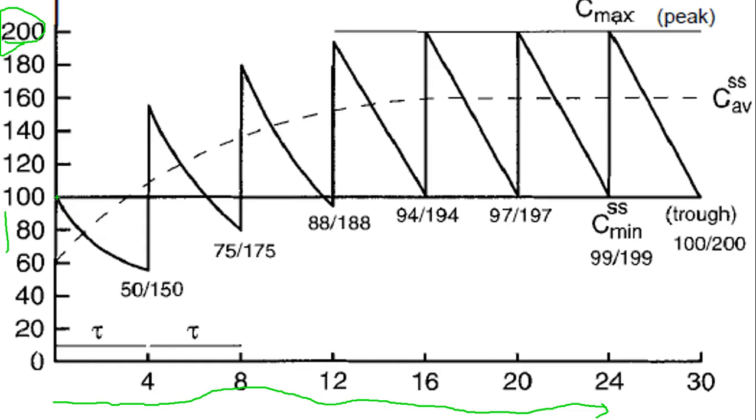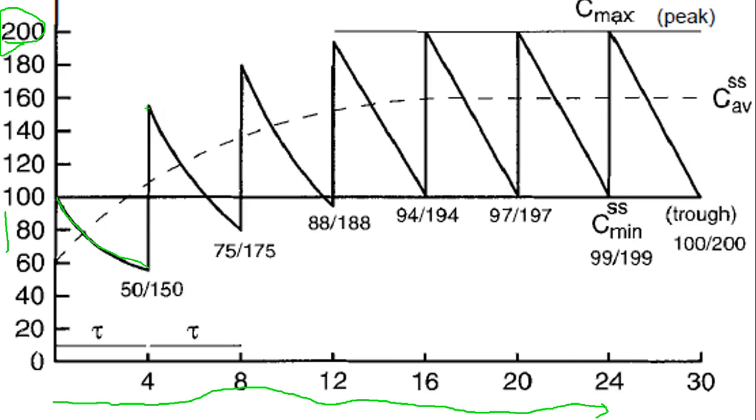This 100 microgram per ml will in one half life decrease from 100 to 50 microgram.